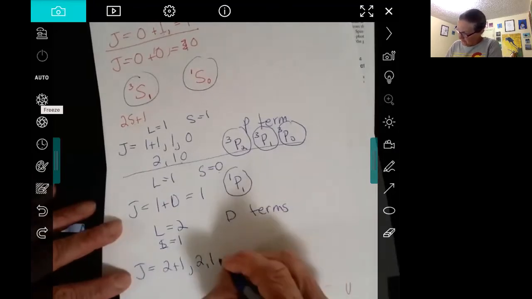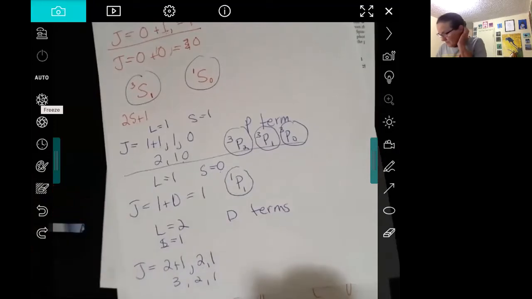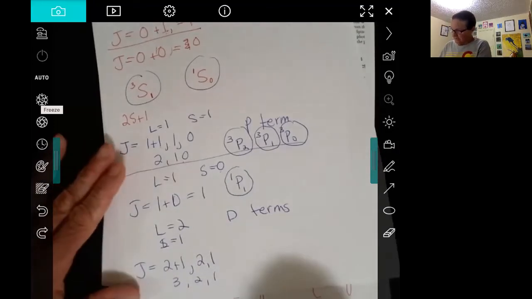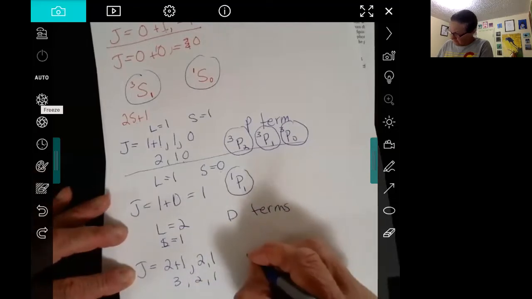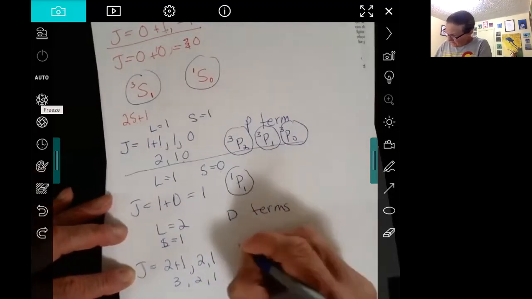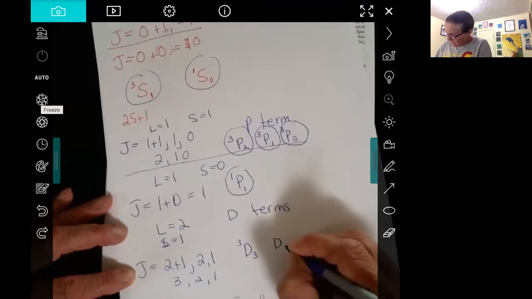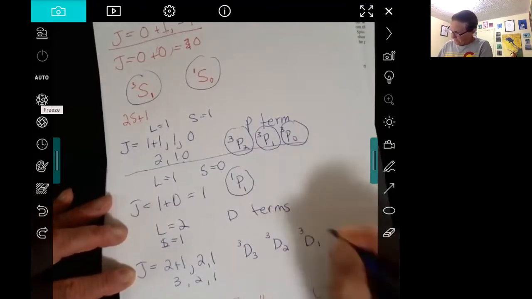So my J terms are going to be 3, 2, and 1. And when I look at those terms, I was coupling with an S of 1. So my D terms will be D 3, 3, D 2, 3, D 1, 3.